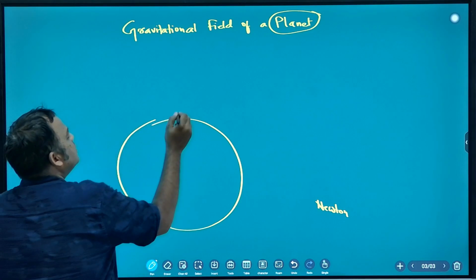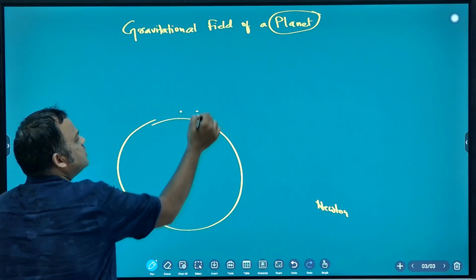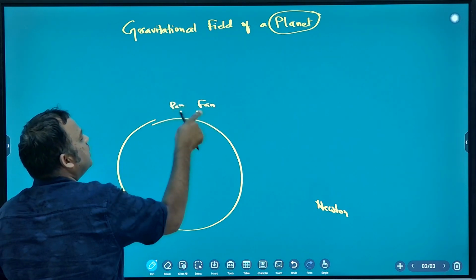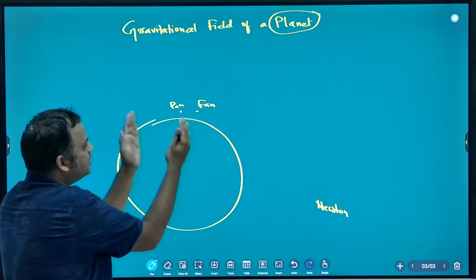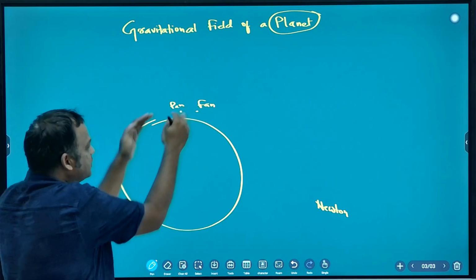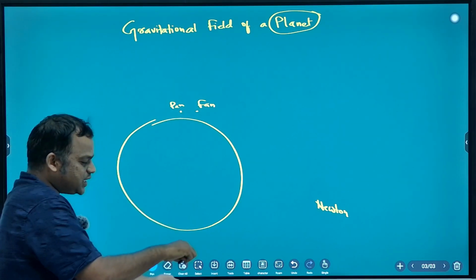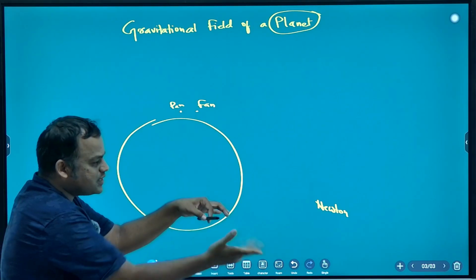Okay, so these two objects. This is fan, and this is pen. Pen and fan, they are attracting each other. Correct. But before they move a little bit close, they are attracted towards Earth. So if they get chance to move towards each other, you have to release it.